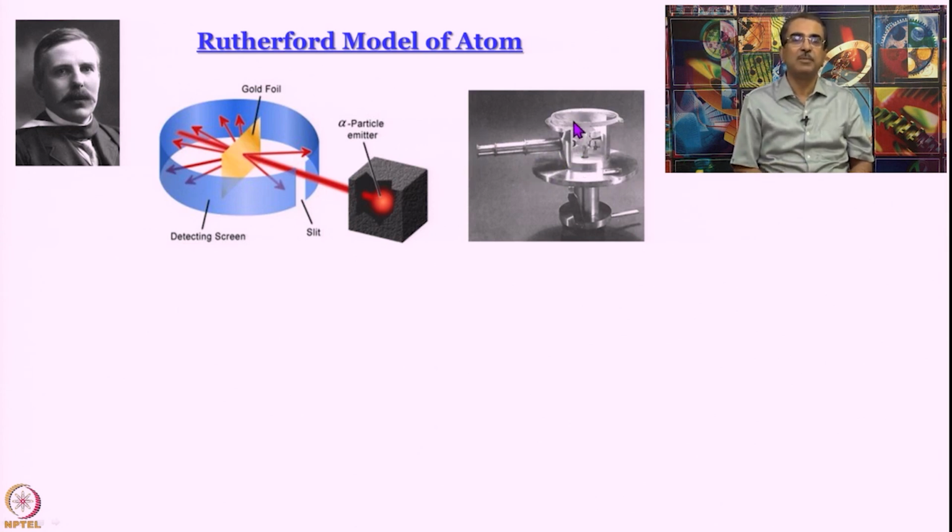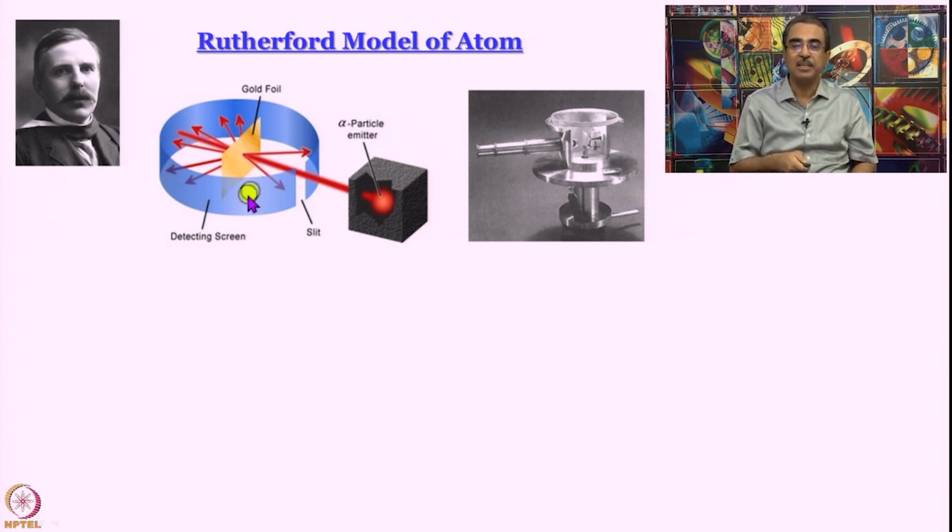In fact, this kind of chamber is used for modern experiments even now. So, it was expected that everything would go through straight because alpha particles are so highly energetic and gold foil is so thin. And the observation was that it is true that most of them went through straight, but some of them did get deviated, and 1 in 20,000 would turn back.